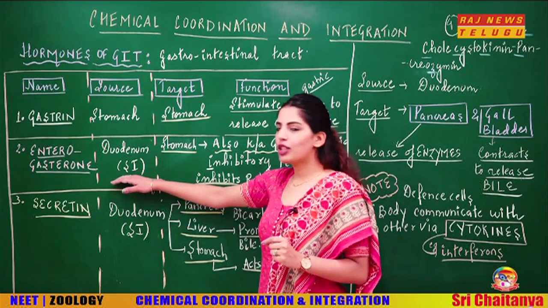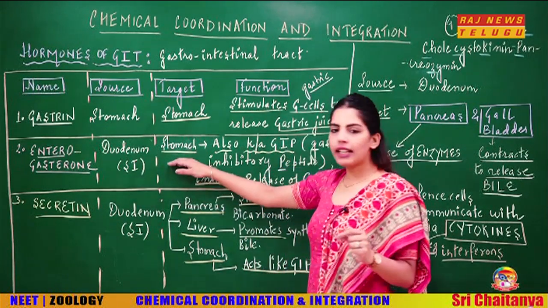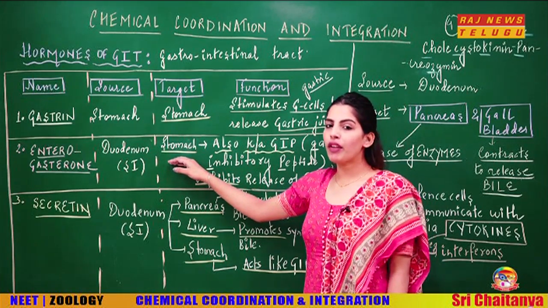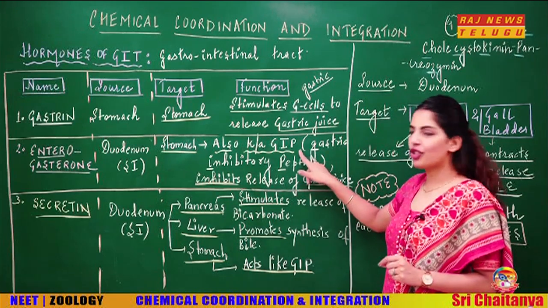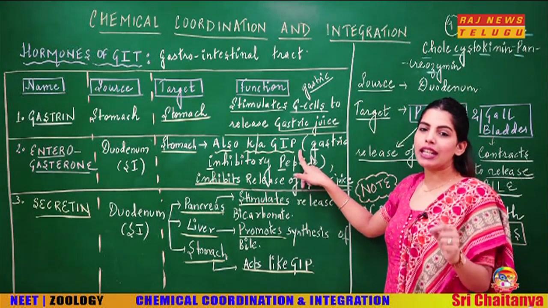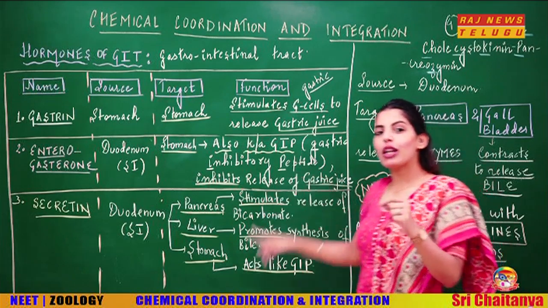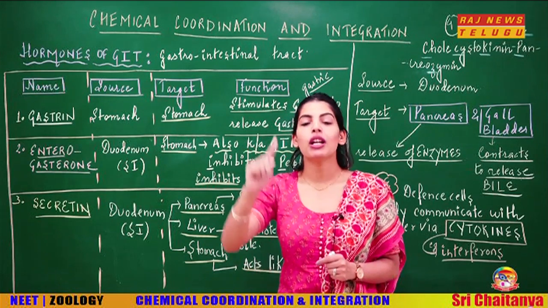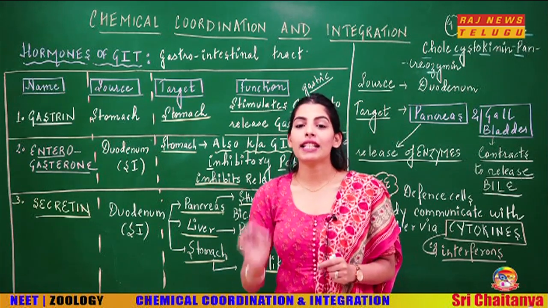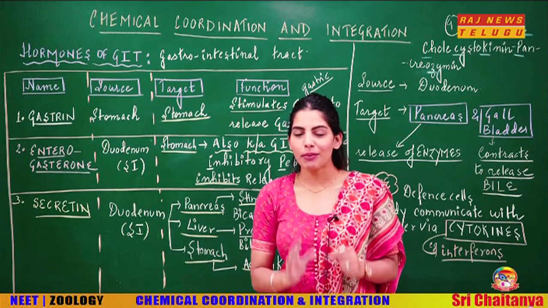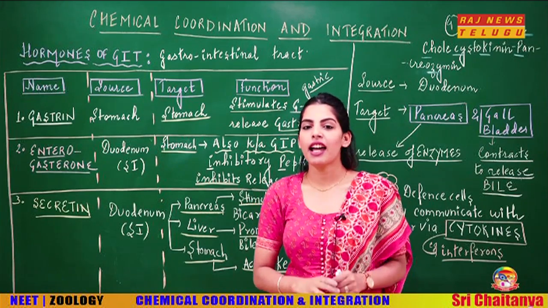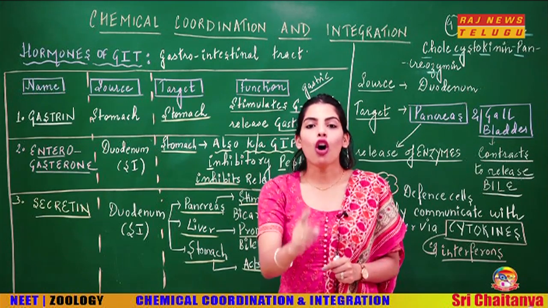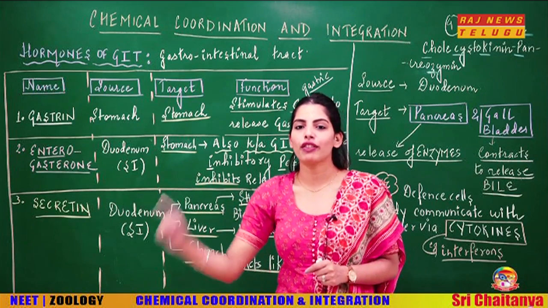So the source is the duodenum of the small intestine, the target is stomach, and students, you can know the function if you know the other name of enterogastrone, which is GIP, gastric inhibitory peptide. Gastric inhibitory peptide means it is going to act upon the stomach and inhibit the release of gastric juice. Getting my point? Source is small intestine, duodenum, target is stomach, causing inhibition of release of gastric juice.